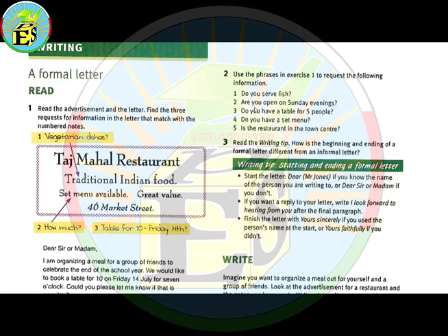Number 2, the information given is, are you open on Sunday evenings? So you want to know if this restaurant is open on Sunday evenings. The way to write a request for this is, could you please let me know, or could you please tell me if you open on Sunday evenings?